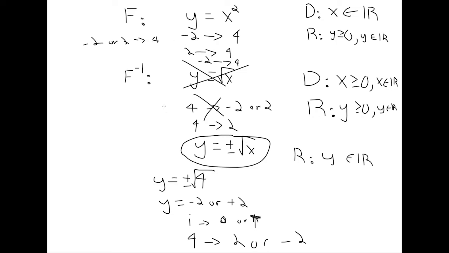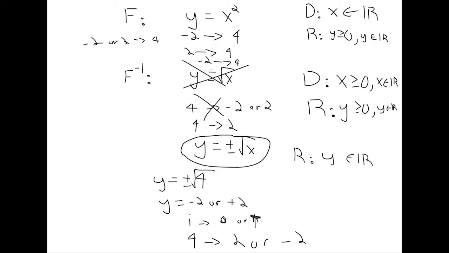So that is how you take the actual relation of this. Sometimes when you're taking the inverse of certain functions, you'll find that it's not an actual inverse because it only accounts for some of the numbers. So for example, like we just did, the equation that we got from doing our steps got you y equals the square root of x. And that is not actually your inverse equation. It would have to be y equals plus or minus the square root of x.